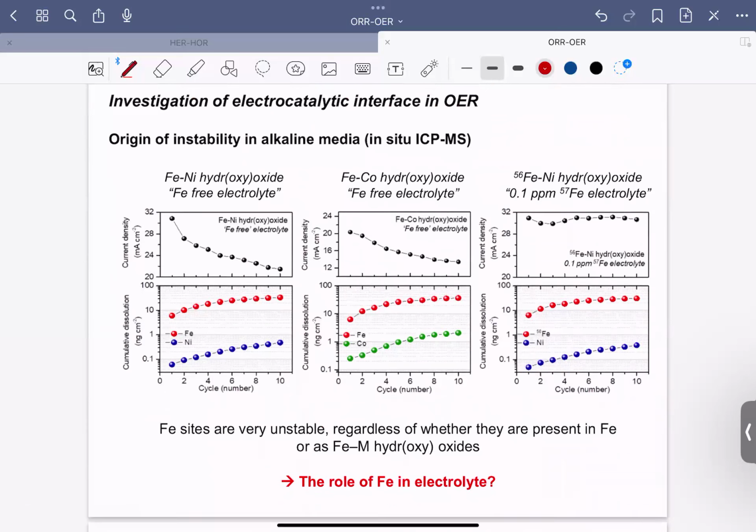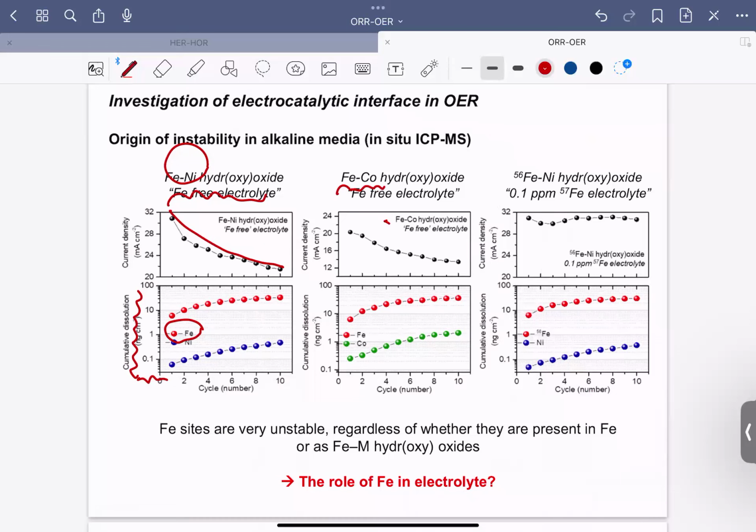So I tested the iron-nickel hydroxide with the iron-purified electrolyte, then the activity goes down very quickly and we figured out that there is significant dissolution of the iron, right? The nickel is really stable. Please keep in mind this is a log scale, right? What about iron-cobalt? A very similar trend has been observed, right?